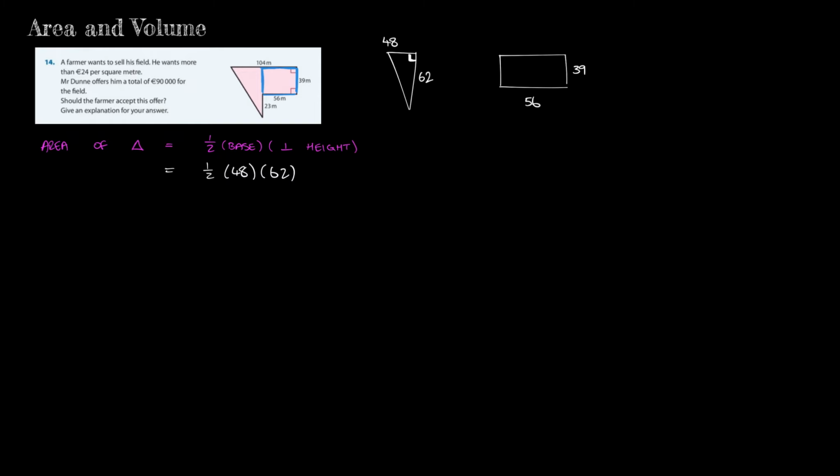So the area of that triangle is half the base, so half of 48, times 62 gives us a total of 1488 meters squared. So that tells us the area of the triangular part.